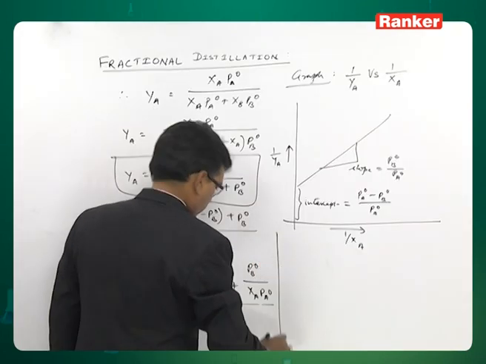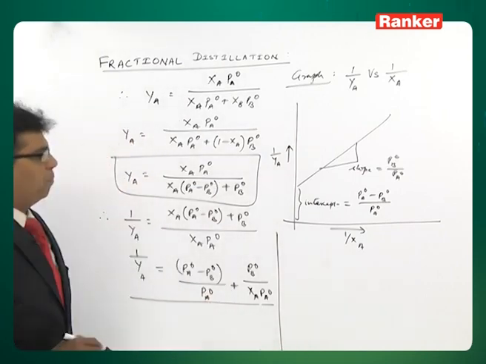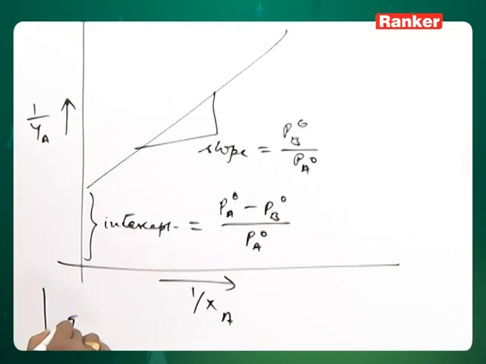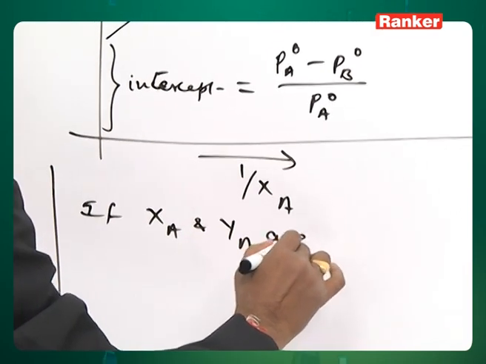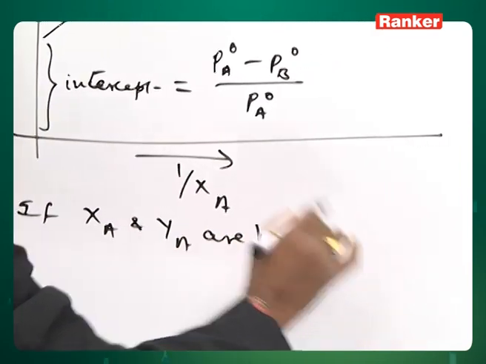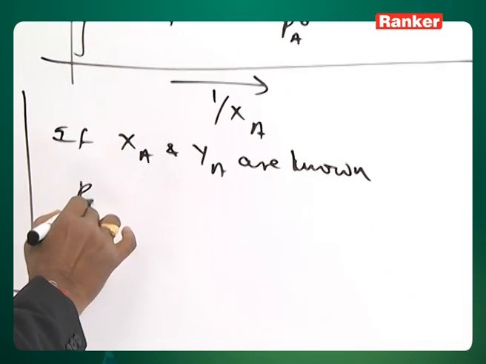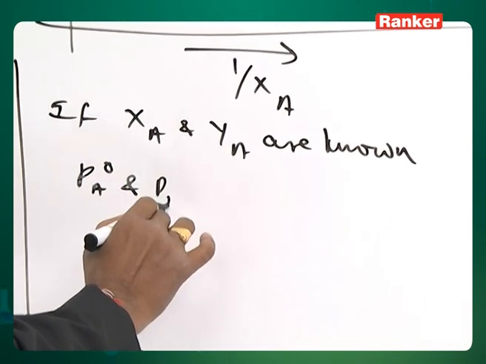So, finally the purpose is that if Xa and Ya are known, from the graph you can determine Pa naught and Pb naught.